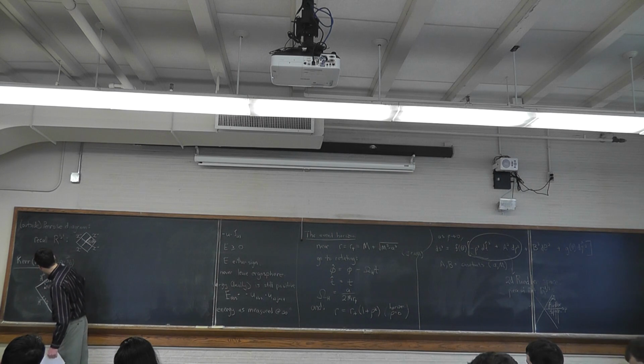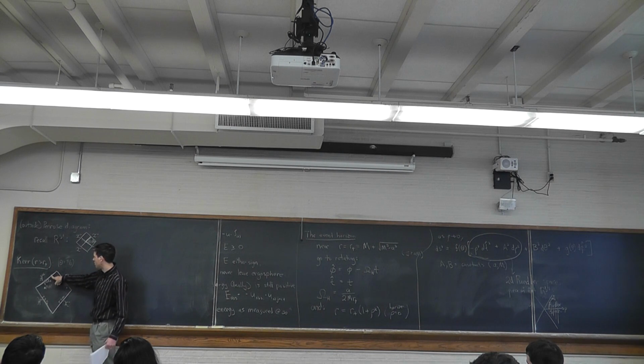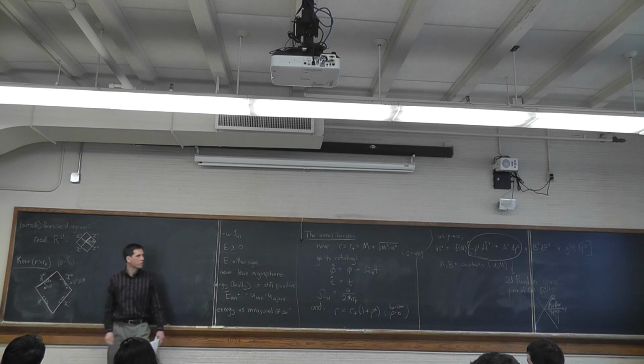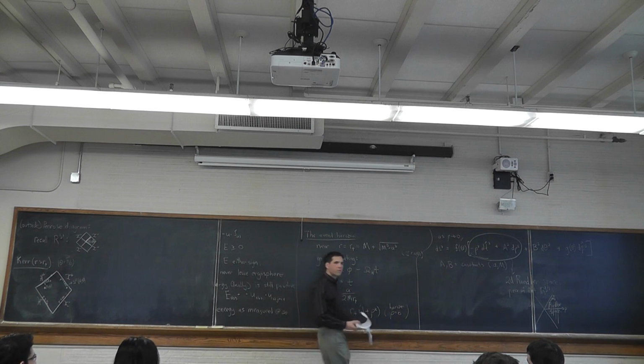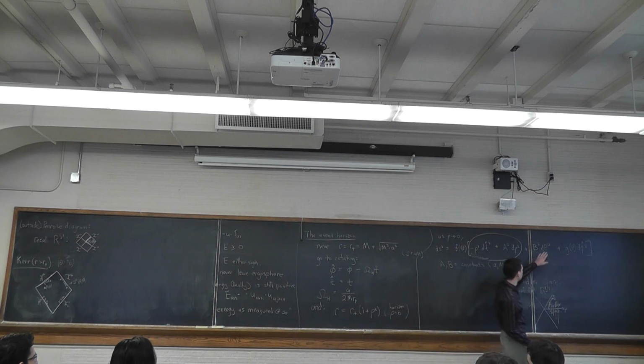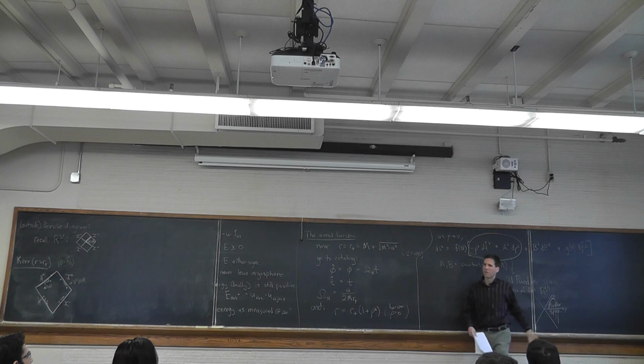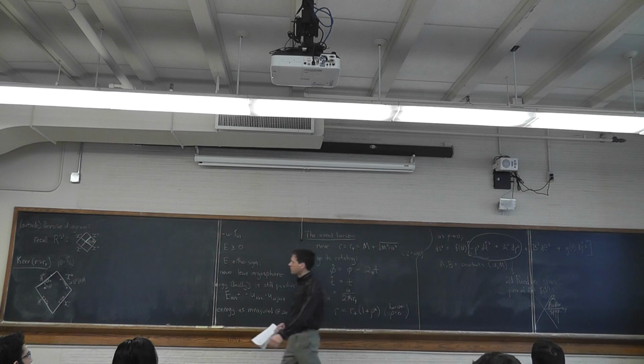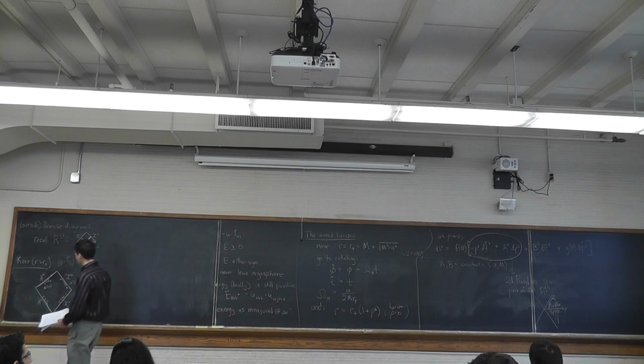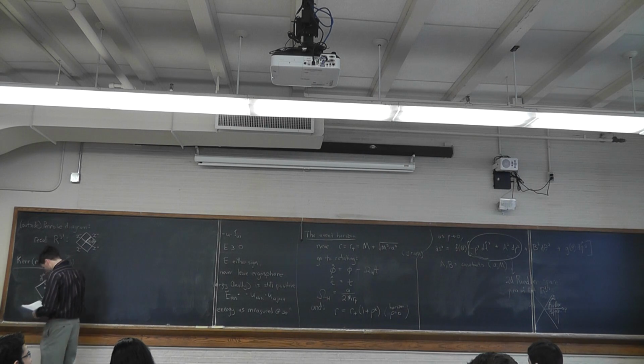Points on the horizon are still topologically S2, although they're not geometrically. The metric on them is not the S2. The metric is this combination here, and take my word for it that G is not sine squared theta. It's something really awful. Okay, so the metric on that horizon cross-section is something nasty. Other questions?